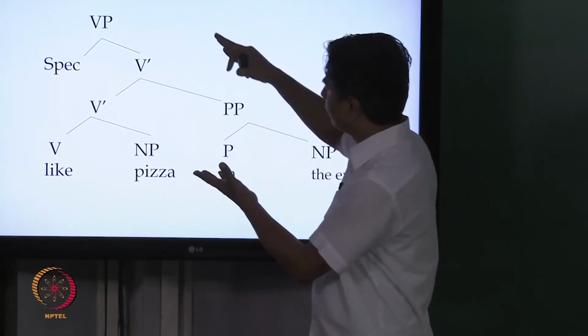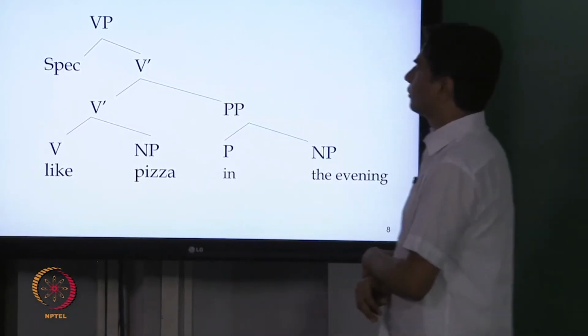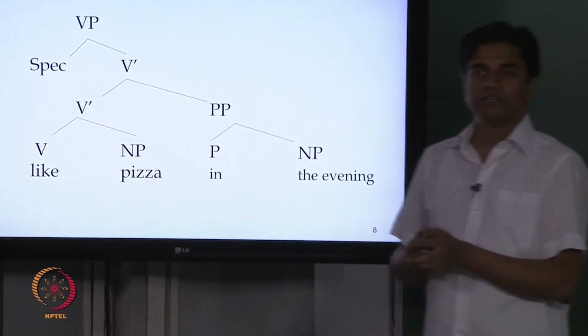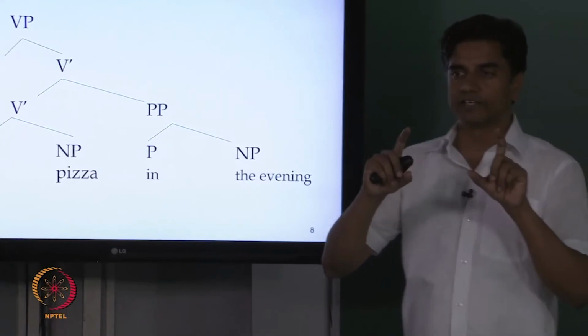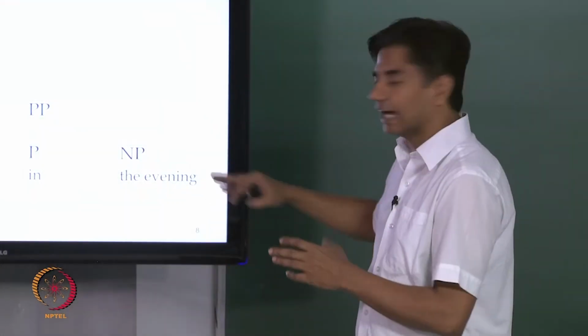This type of manipulation, I don't mean manipulation in a negative sense, this kind of manipulation of the structure is called adjunction.